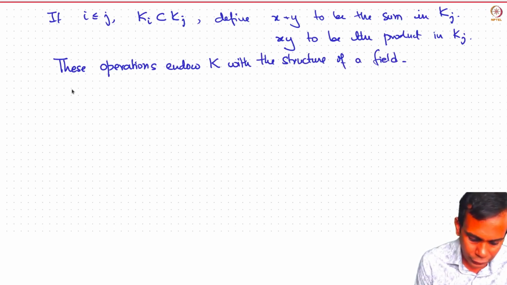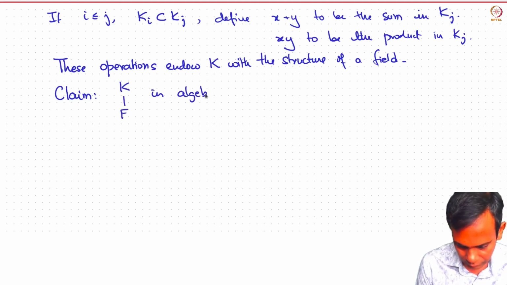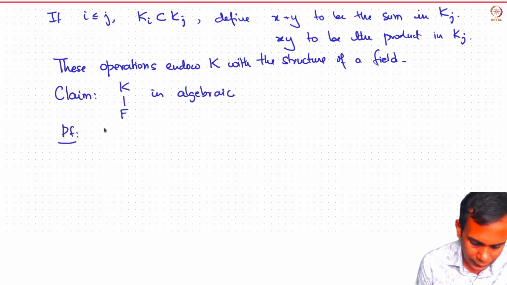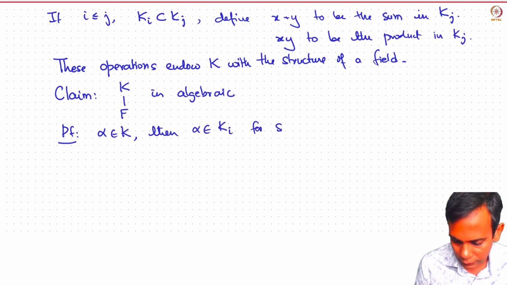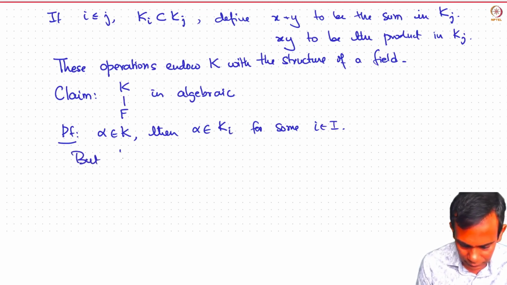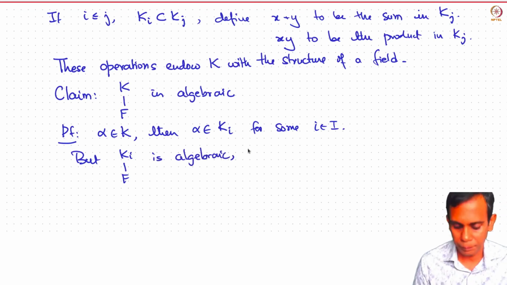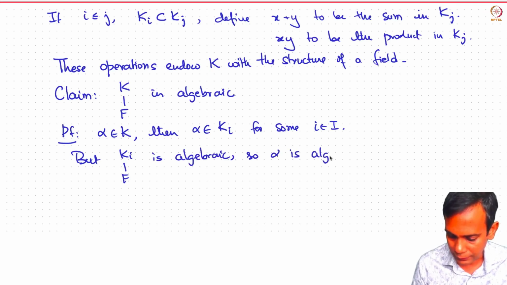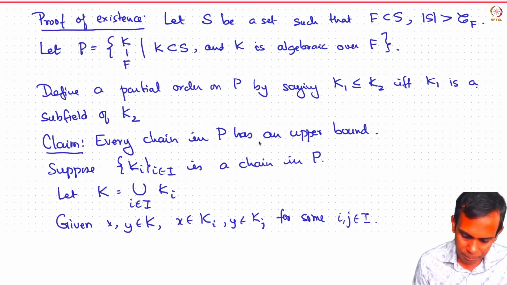Now, I need to show that K is algebraic over F. But this is easy because if you take any alpha belonging to K, then alpha belongs to Ki for some i belonging to I. But Ki is algebraic over F, so alpha is algebraic over F. And so every chain in P has an upper bound.